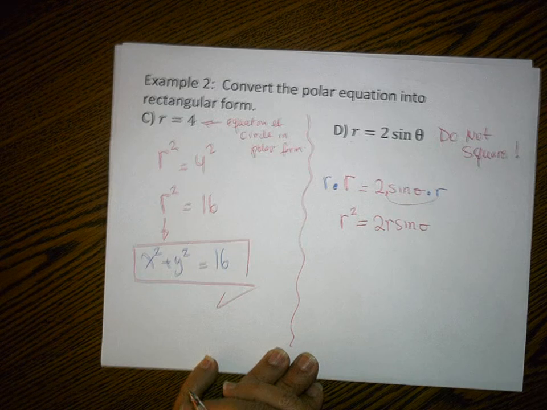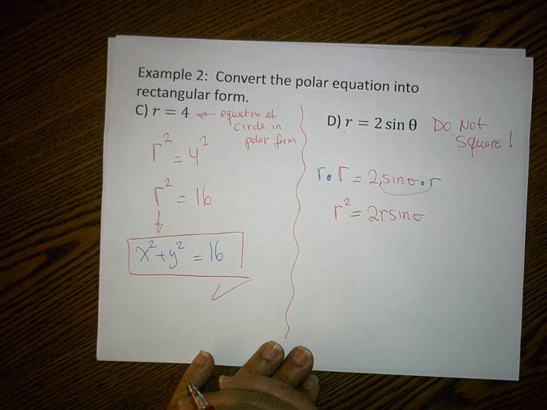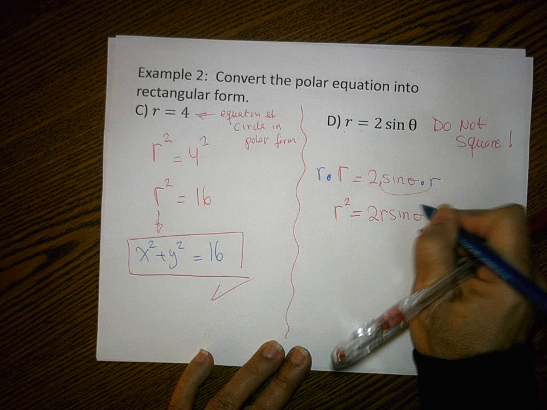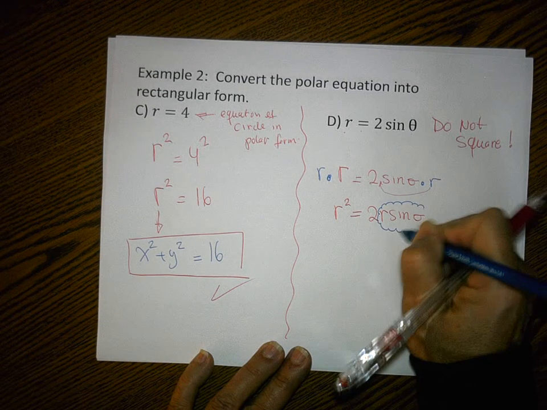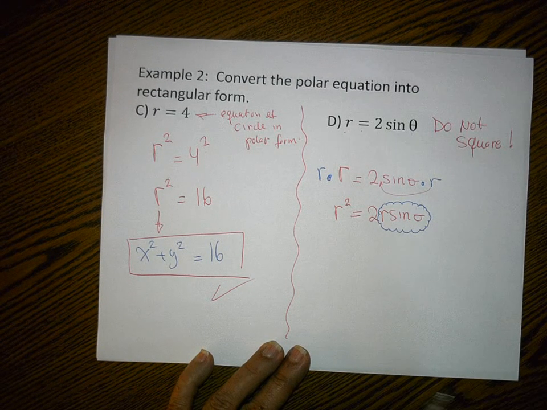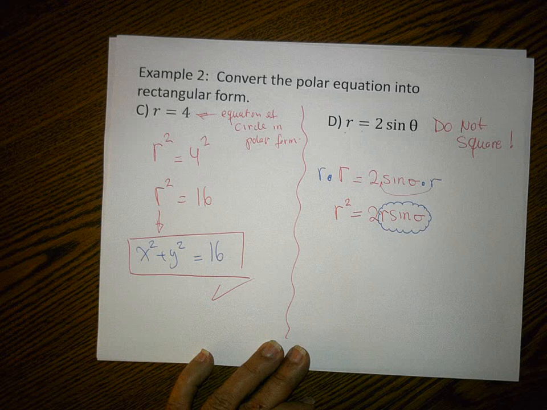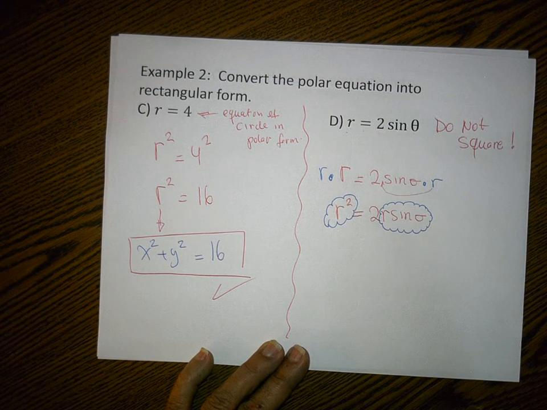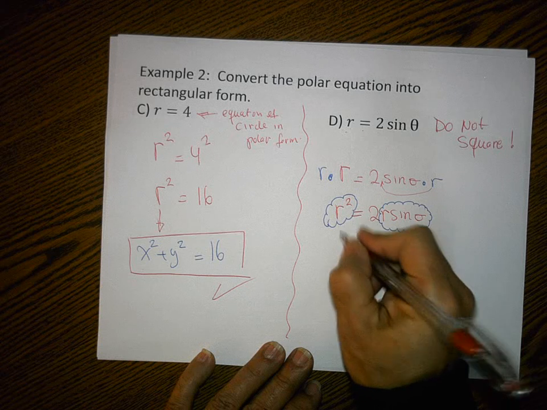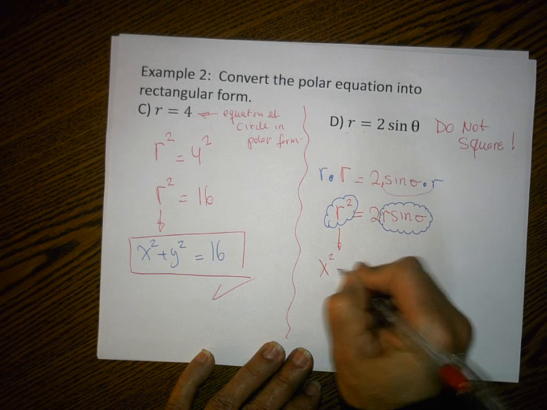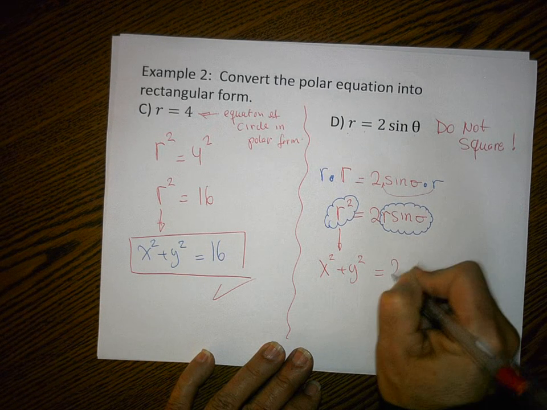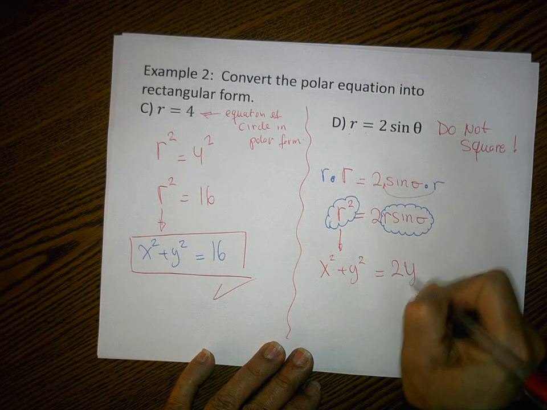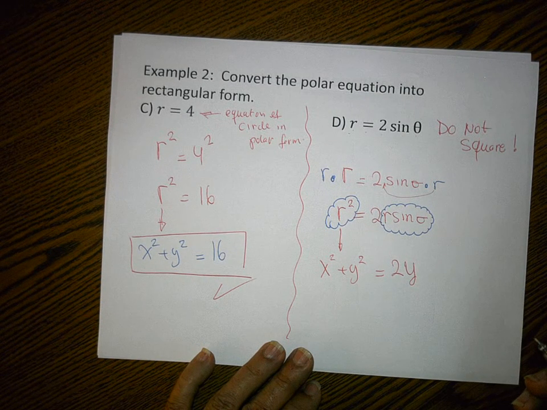All right, cool. What does this look like to you right here? R times sine theta. Well, look at your notes. What does it look like, and what can I substitute for it? I can substitute x squared plus y squared for r squared, and this can be a y value, because r times sine theta is a y.